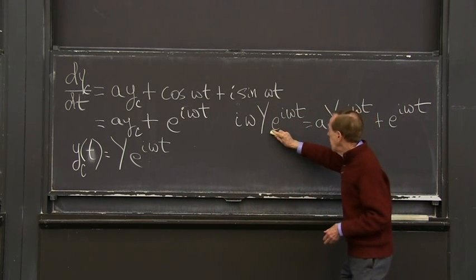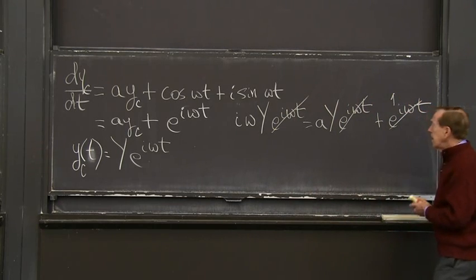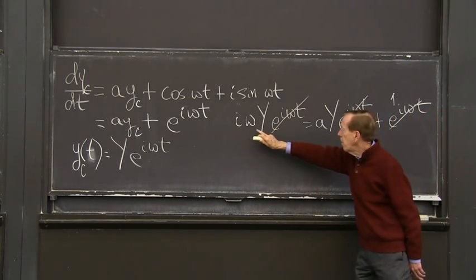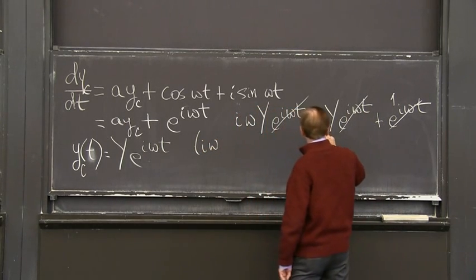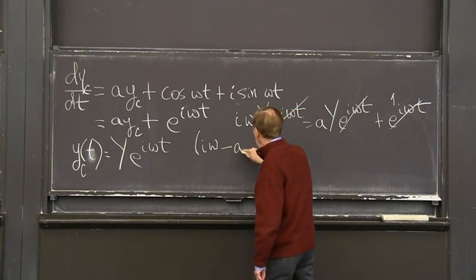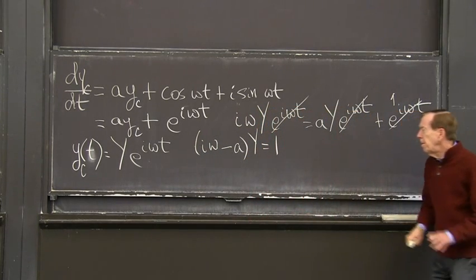Okay, and the beauty is we divide everything by e to the i omega t, and then we get a simple equation: i omega, bring the a to the other side, times Y is 1. Good.